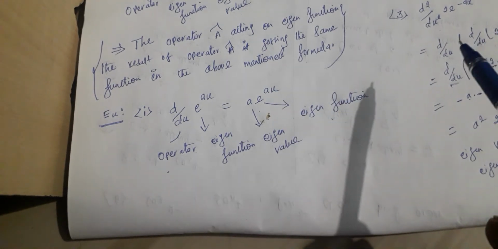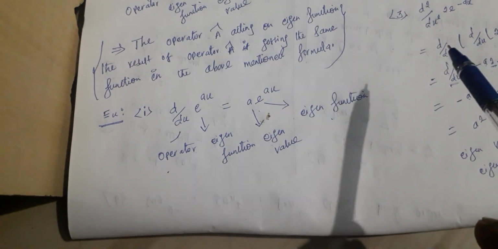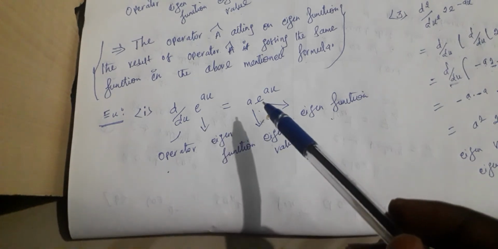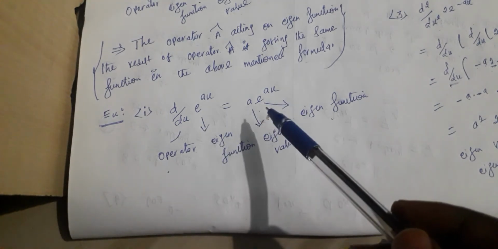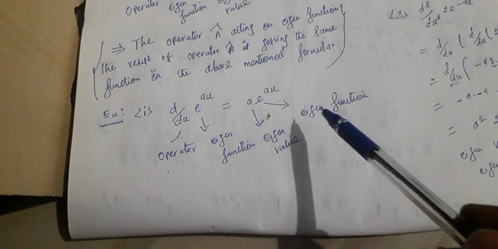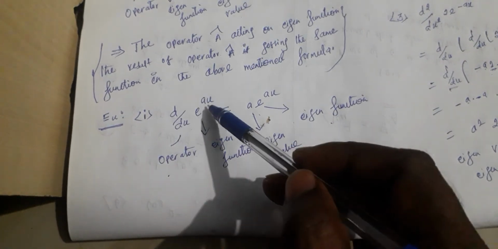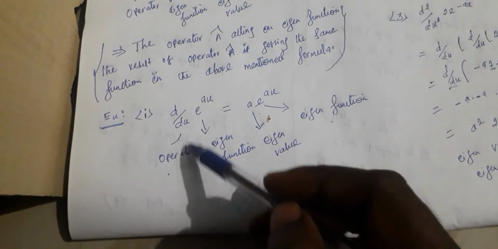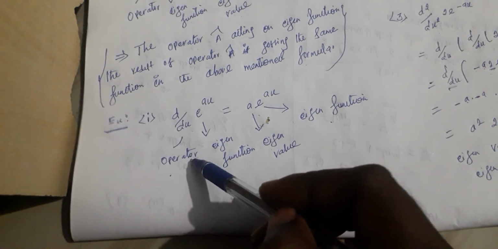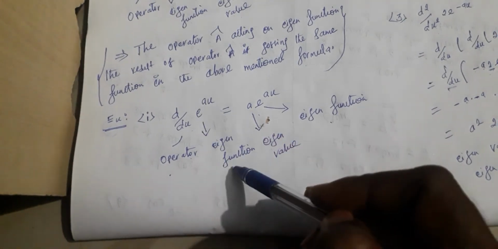So you can easily answer what the eigenvalue or eigenfunction is. Now the question is d by dx of e power ax. Here d by dx is the operator, and e power ax is the eigenfunction.